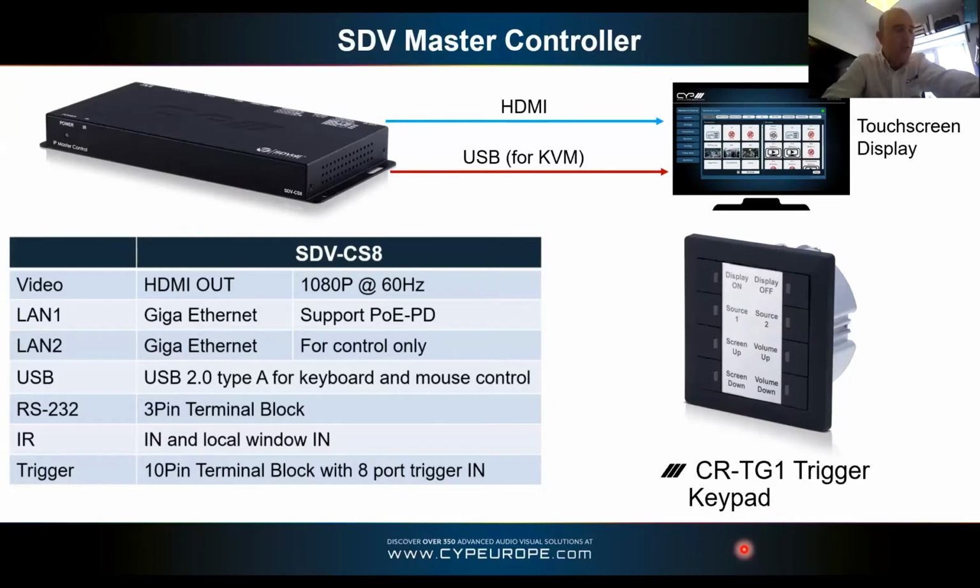So if you're using a third-party control system, you can just send the switch data into the CS8, and it will switch it as if you're using the web GUI or any other control methodology. They're pretty easy to set up in that way. If you're using them with Control4 or Crestron, you can do that quite easily.